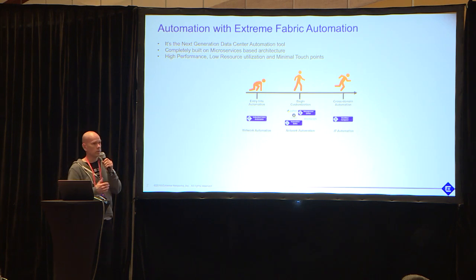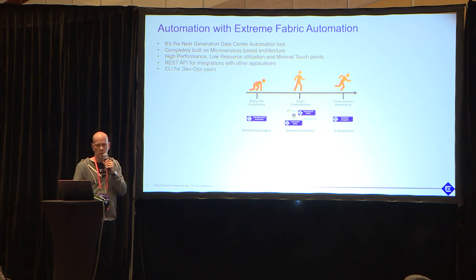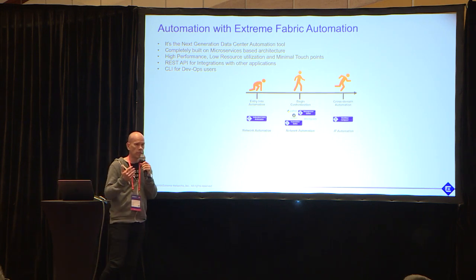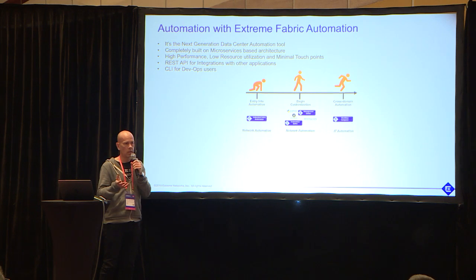It's high performance with low resource utilization and a minimal touch point. It provides a REST API that I can use for integration northbound to OSS systems that would allow me to orchestrate the fabric. I could also use the CLI if I have DevOps people in-house.